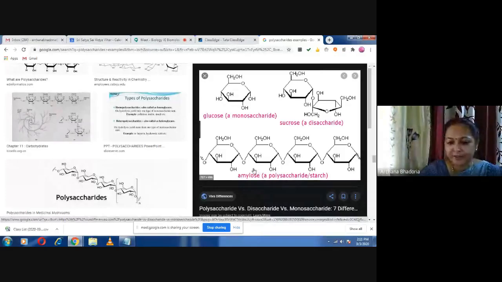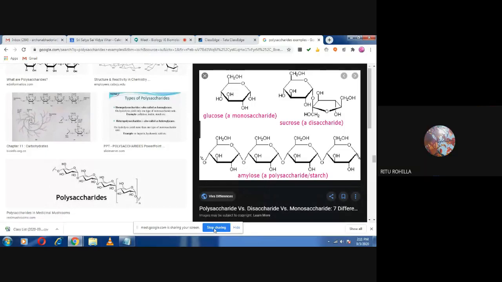Okay, and glycogen, where do we find? In the liver cells. Very good. So remember, the carbohydrate is stored in our body in which form? Glycogen form.